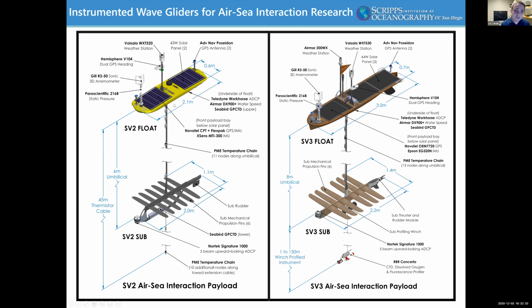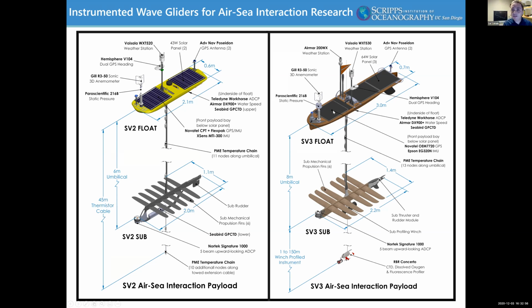But we also put a lot of emphasis on upper ocean measurements. So we have thermistor chains, either through a long 50-meter thermistor chain that's not exactly shown here, or with a profiler. So we have a profiling winch now that can lower a CTD package with dissolved oxygen and fluorescence down to 150 meters, as well as ADCP.